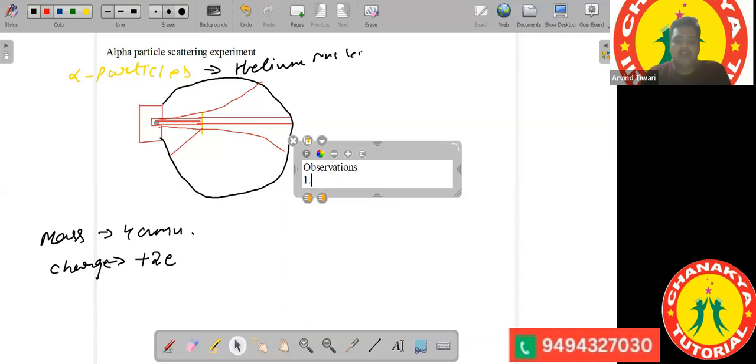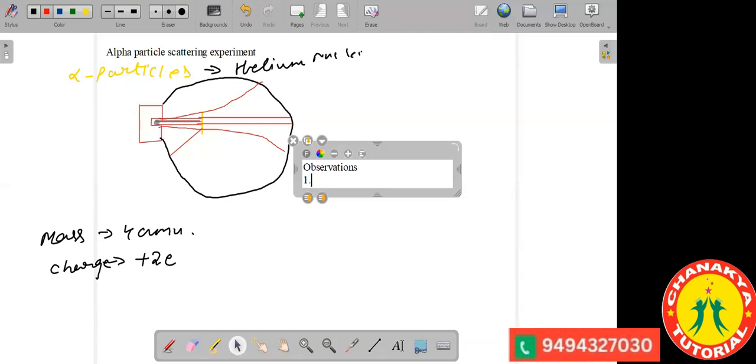Neha, are you trying to answer? Yes, sir. Some of the alpha particles pass through the gold foil, and a few of the alpha particles deflect from the gold foil, and only very few of the alpha particles rebound.